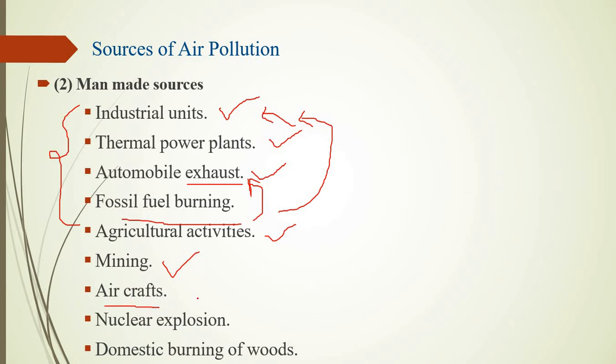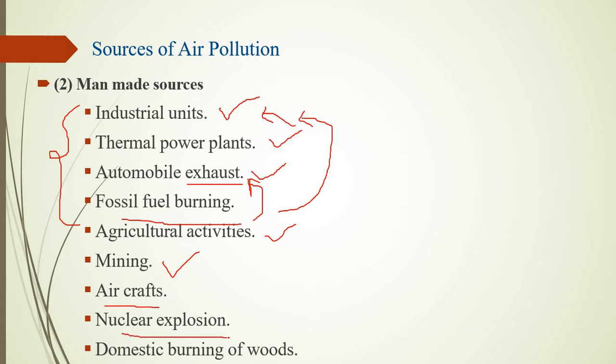Then after that, aircraft create air pollution plus noise pollution. There is a heavy sound from the propeller, and it also uses heavy fuel to take off from the land.